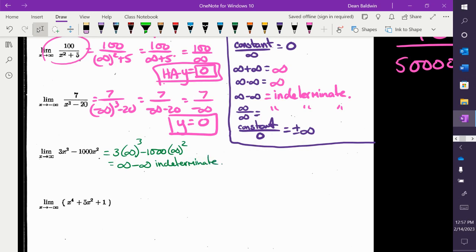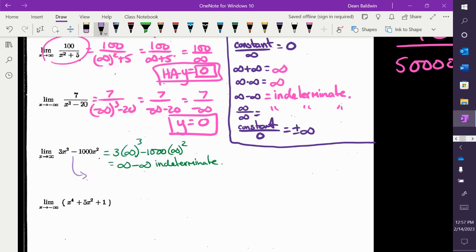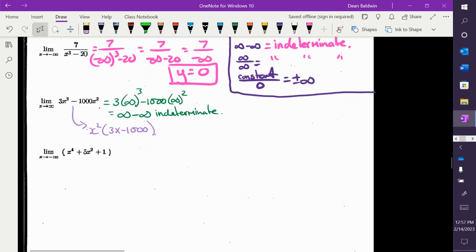So we've got to rewrite this. Can I factor anything out of that? x squared. So I take an x squared out. Now if I plug in infinity, I get this.